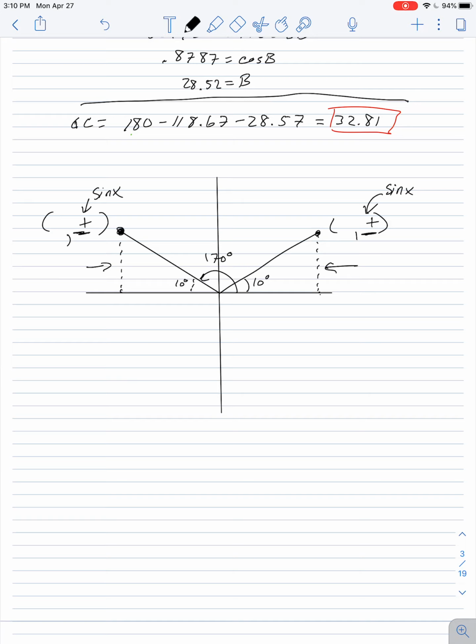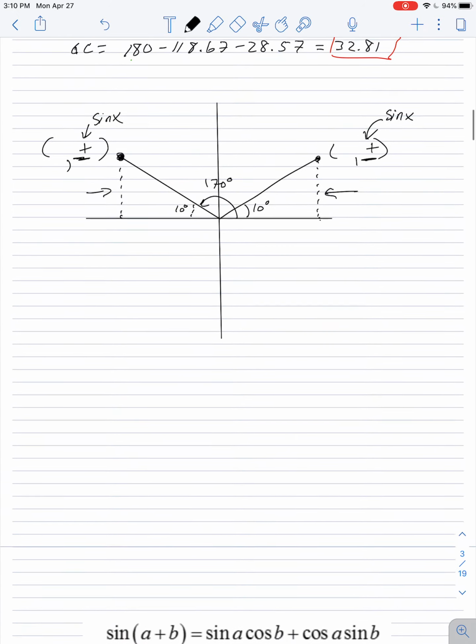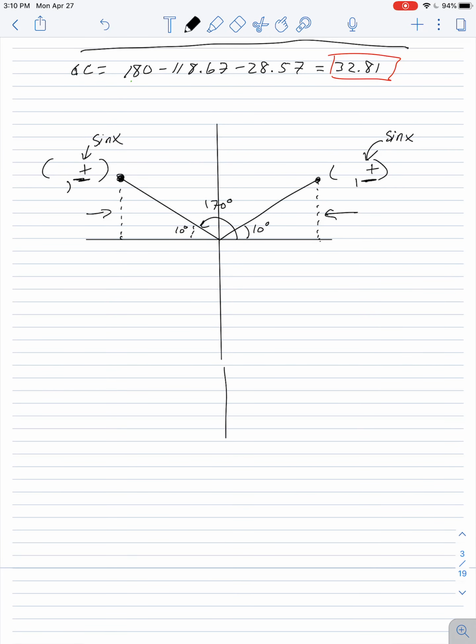What happens with the cosine, though, when you're doing the inverse cosine, there's always two answers when you do an inverse function, okay? But let's look at where those are. With a cosine, here's a point right here, and now my cosine is my x value.